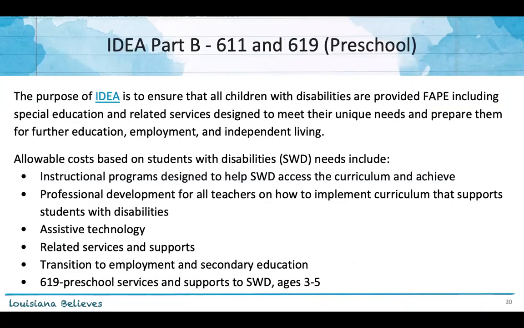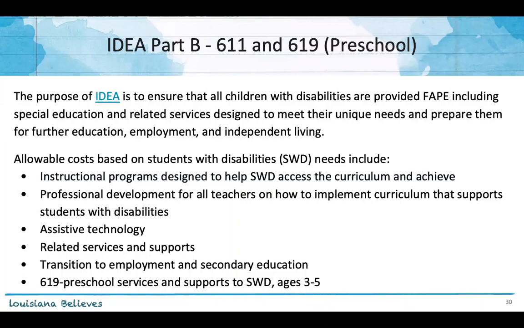The purpose of IDEA is to ensure that all children with disabilities are provided FAPE, including special education and related services designed to meet their unique needs and prepare them for further education, employment, and independent living.